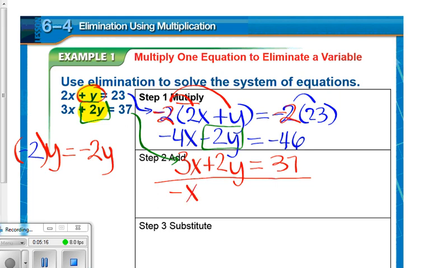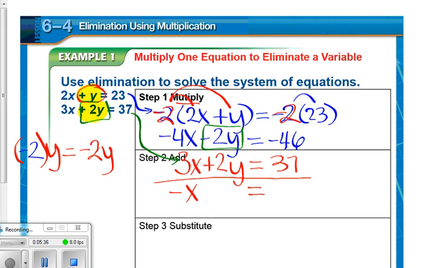How come I didn't put the 1? Because it's a ninja 1, right? If you only see 1x, then it's 1x. All right, 2 minus 2. 0, right? Goes away. We don't even have to write it down. Okay, we've got negative 46 plus 37. We have different signs, right?